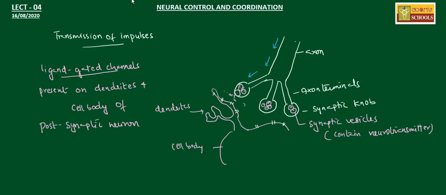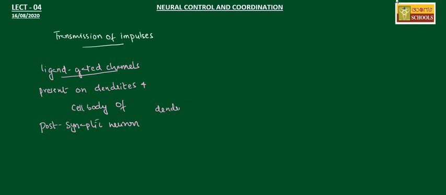So here I just gave you a brief idea of how the transmission will pass from one neuron to another neuron. Now let's see in detail how it all takes place.